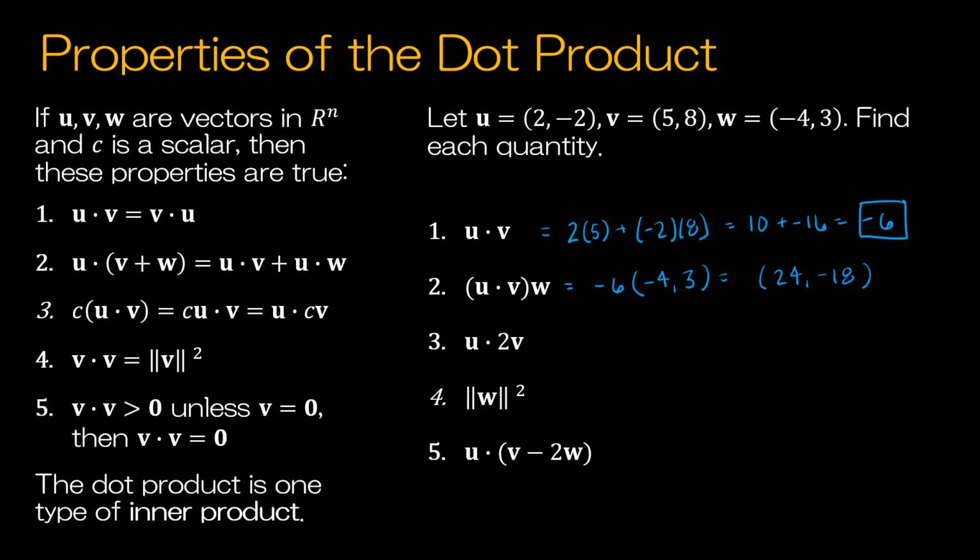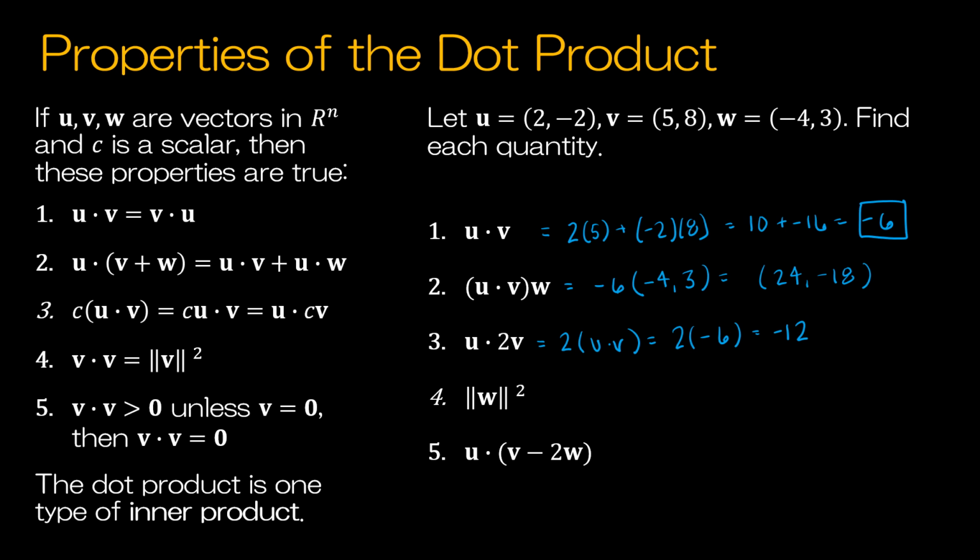And then we have u dot 2v. Well, we already know that u dot 2v is the same as 2 times u dot v. So that's 2 times negative 6, which is negative 12. So again, I didn't have to do a lot of work because I'm using that negative 6 I already found.